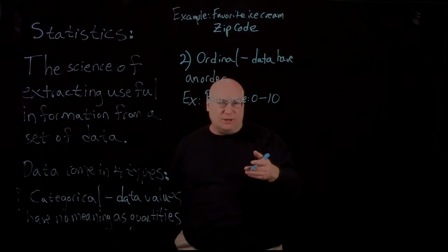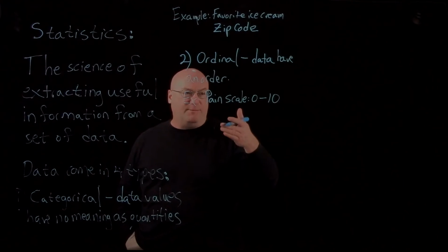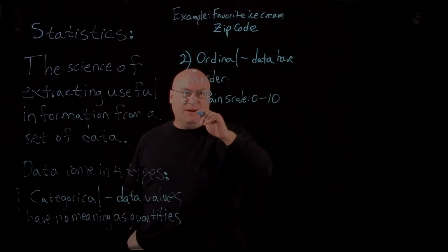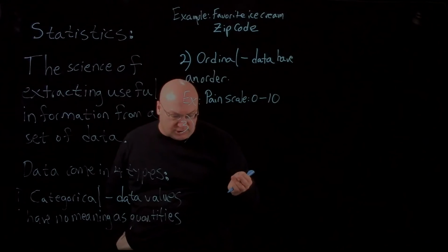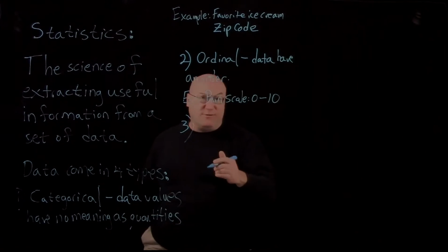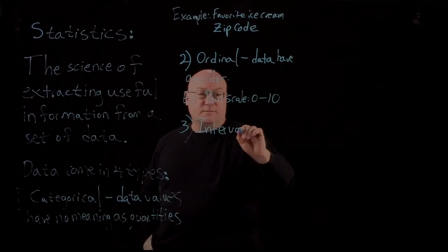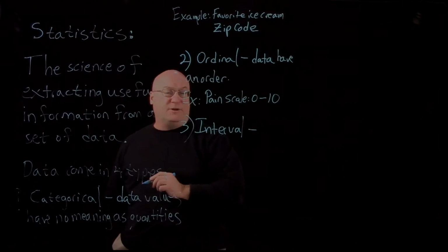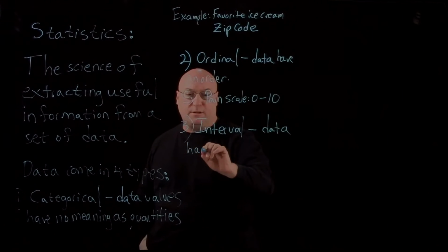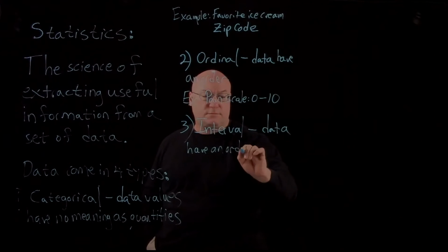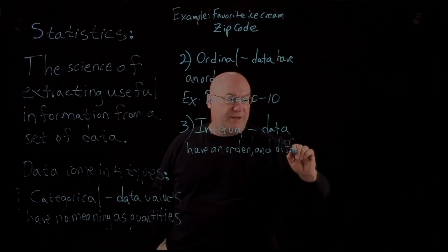And you will see the other ways that quantity becomes more useful if we look at these last two, which are going to be the more important ones for our study. Interval data. Here, the data have an order and differences between data values matter.